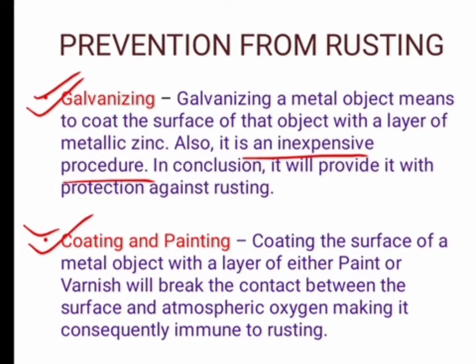Second one is coating and painting. In this, coating the surface of a metal object or iron object with a layer of either paint or varnish will break the contact between the surface of the metal and atmospheric oxygen, making it consequently immune to rusting.